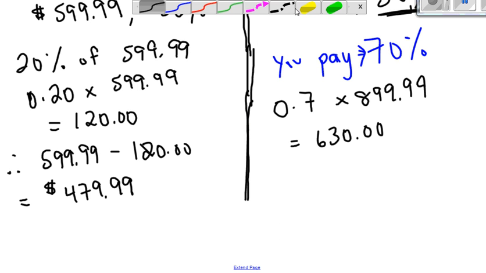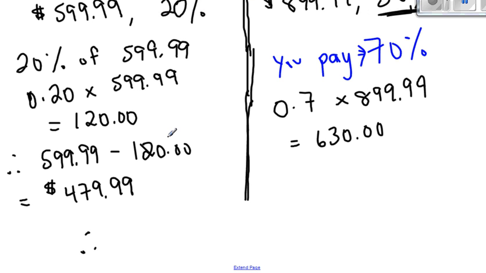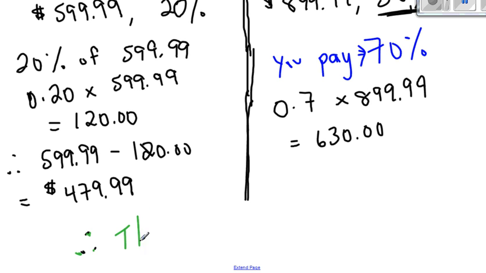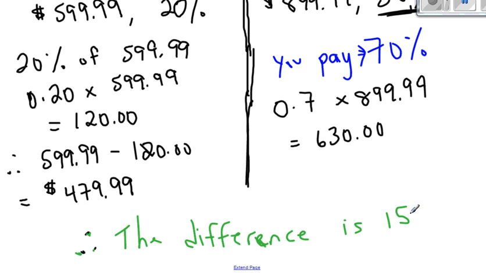Therefore, the difference is, 630 minus 480 is 150 bucks. So definitely buy it over here because that's good money.